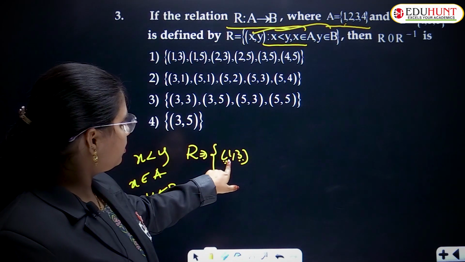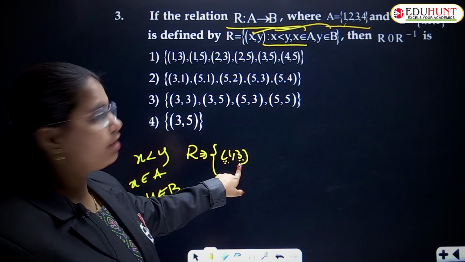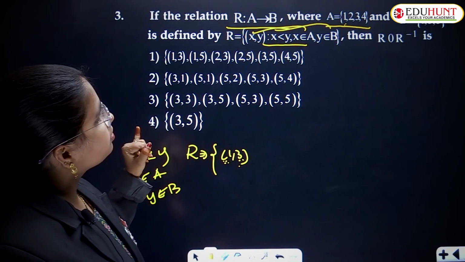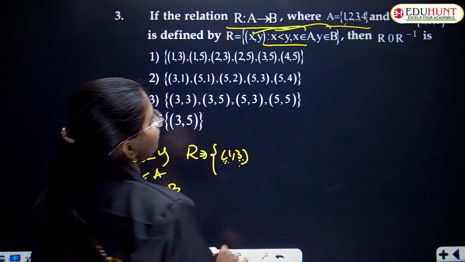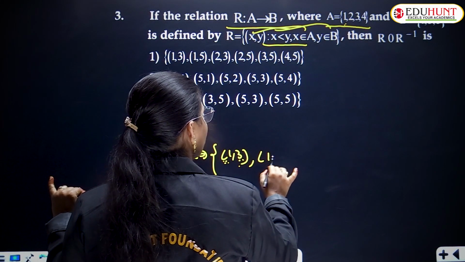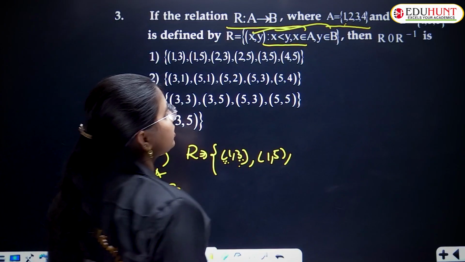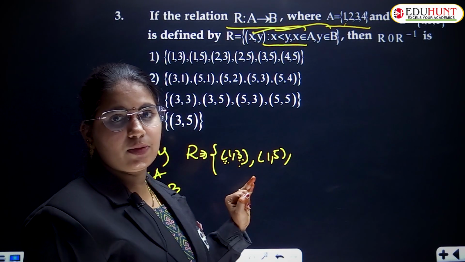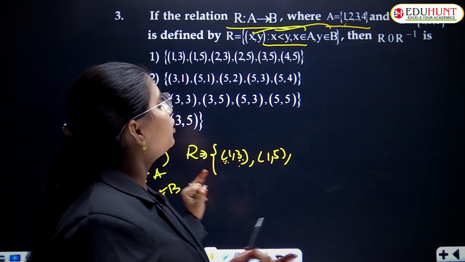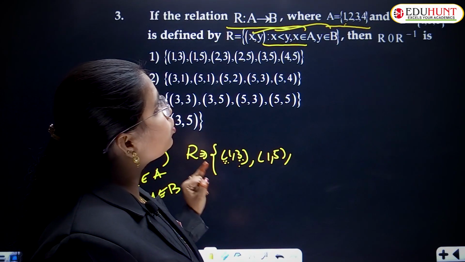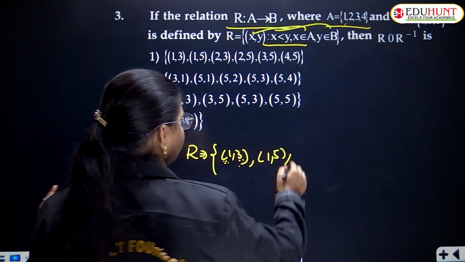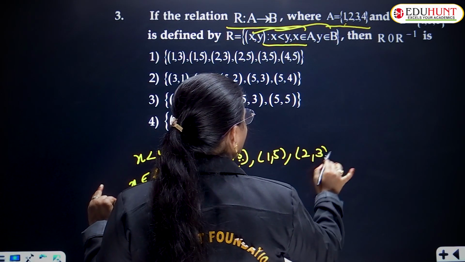So x less than y. 1 3 is clear. Next 1 5, it is also possible. Next 2 1 not possible, x is bigger. 2 3 possible.